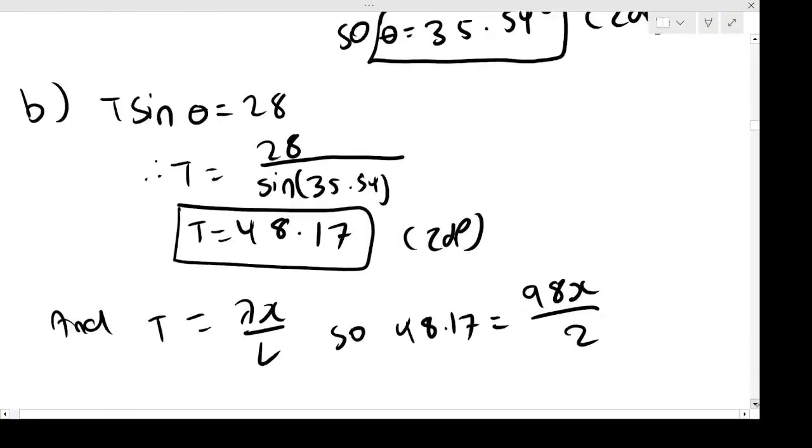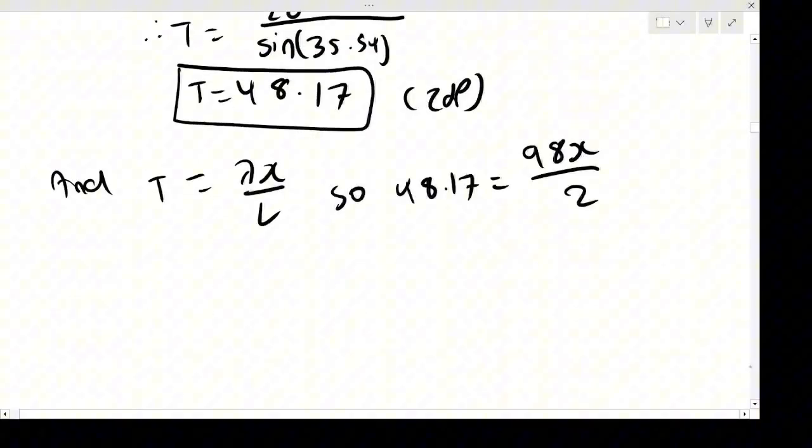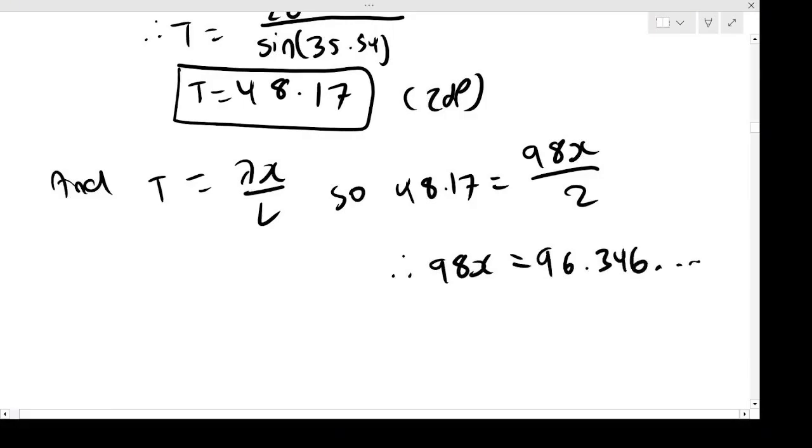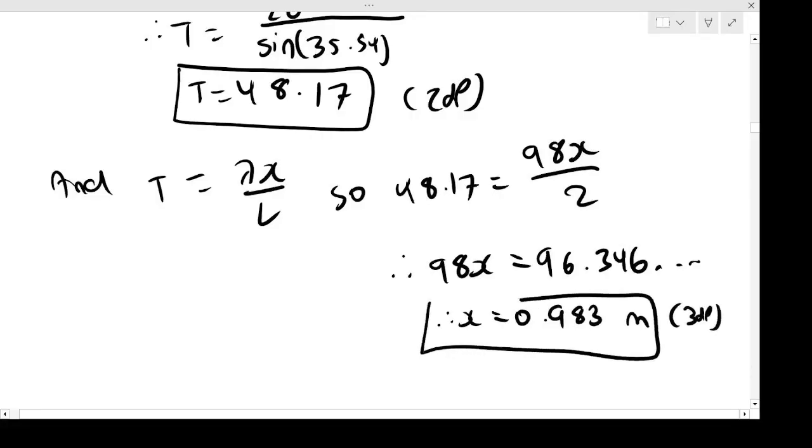So I can solve for x, the extension. That means 98x is 96.346, and so on. Therefore, if I divide by 98, I get x to be 0.983 meters. And there is x.